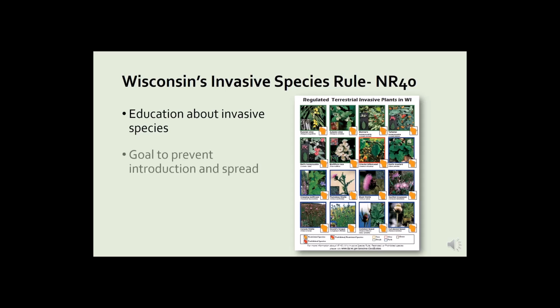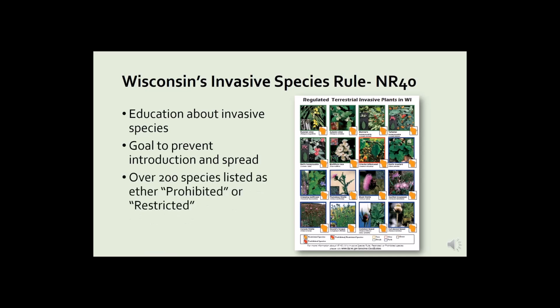And the goal of this law is to prevent the introduction of new invasive species and the spread of invasive species that we currently have in the state. NR 40 lists over 200 species as invasive in our state, and about 150 of these are plants. Each of the invasive species is categorized as either a prohibited species or a restricted species.